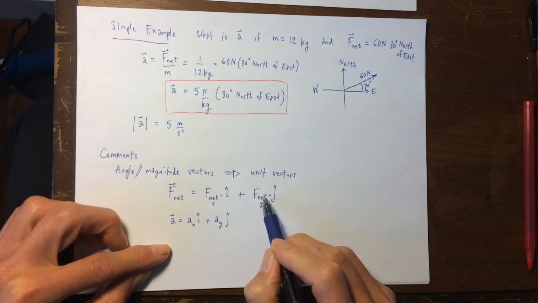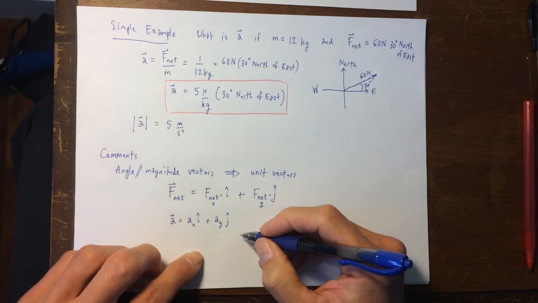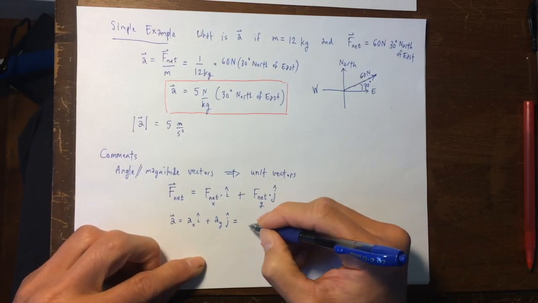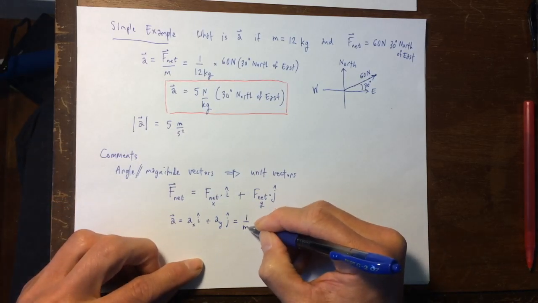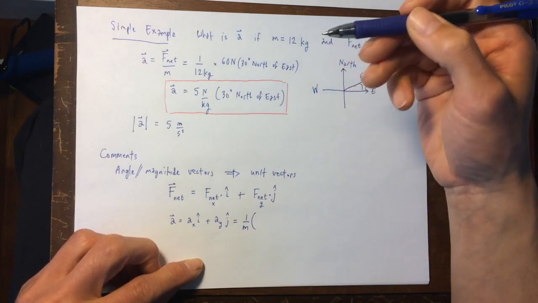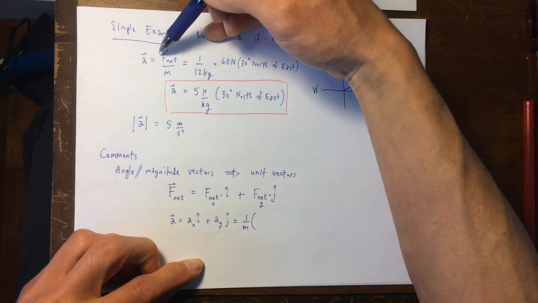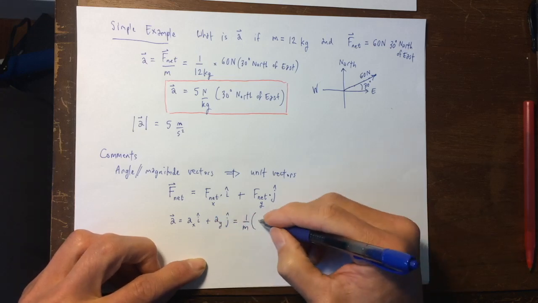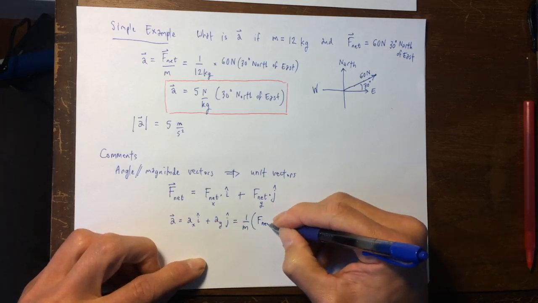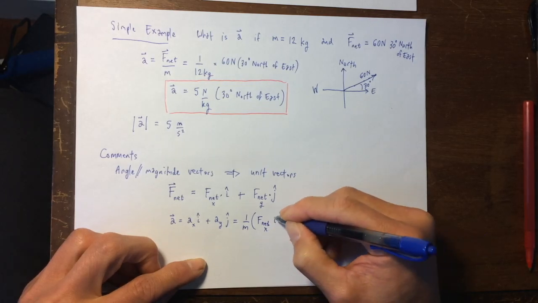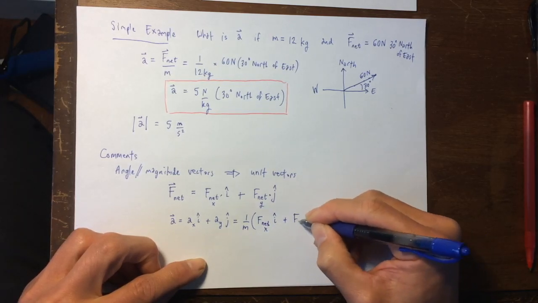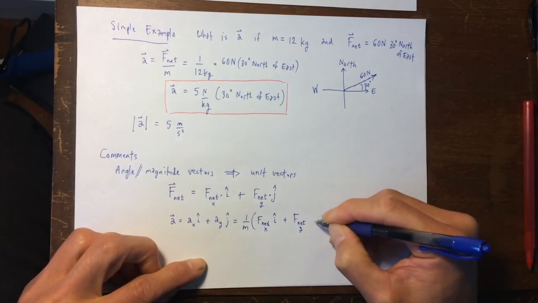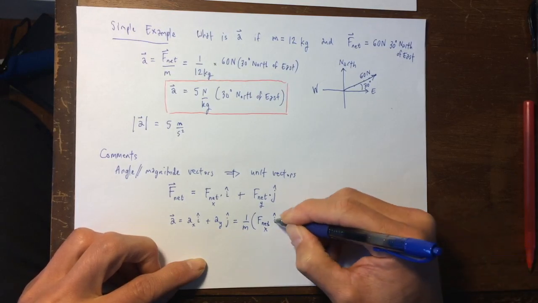These are newtons, can be positive or negative. But check this out. This is 1 over m, right? We're just going back up here. It's 1 over m times F net, where we write F net this other way: F net in the x direction, i hat, plus F net in the y direction, j hat.